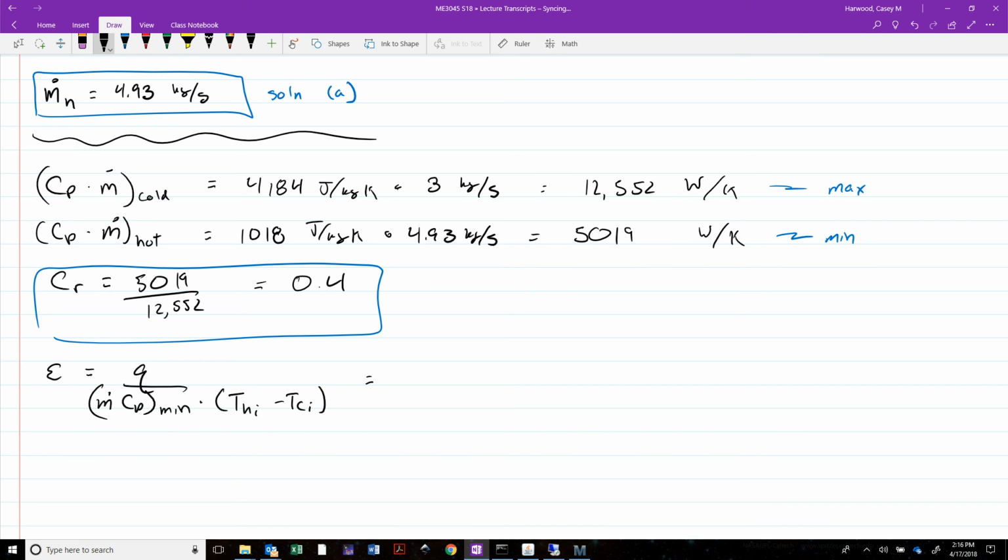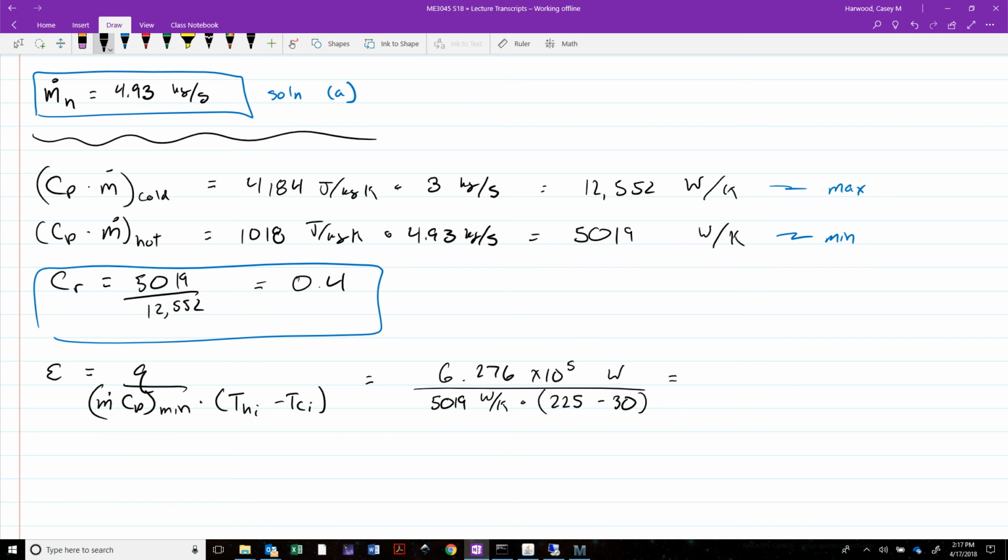So we can write this out as our actual heat rate, 6.276 times 10 to the 5th watts over m dot times Cp min, which is our 5019 watts per Kelvin times 225, that is the hottest hot temperature, minus 30, that is the coldest cold temperature.